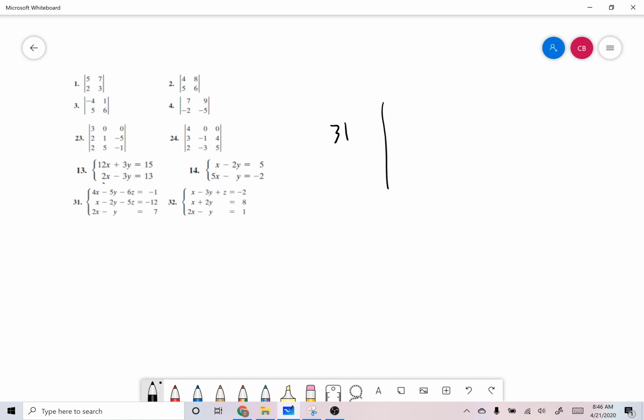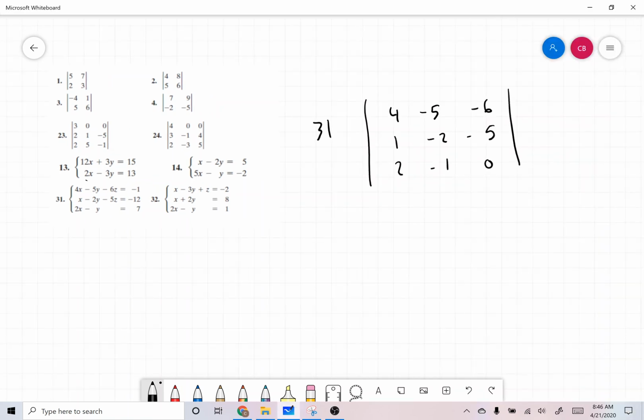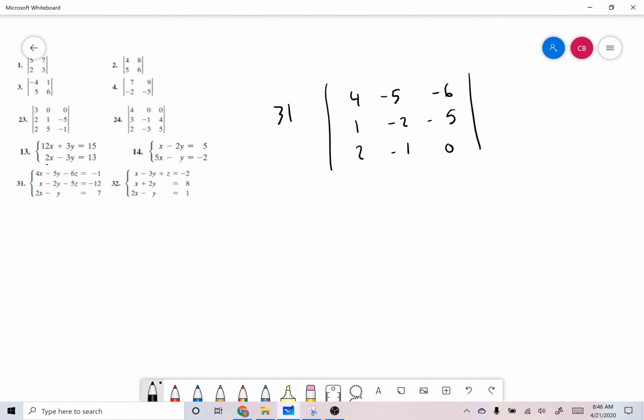And I'm going to do the coefficient matrix. We have 4, -5, -6, 1, -2, -5, 2, -1, and 0. I'm going to use the trick I showed in the last video at the end. So I'm going to write the first two columns, 4, 1, 2, -5, -2, -1. And we go this way. So I'm going to do 4 times -2 times 0, which is 0.